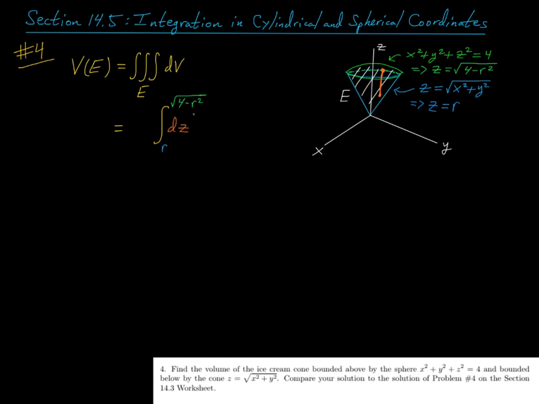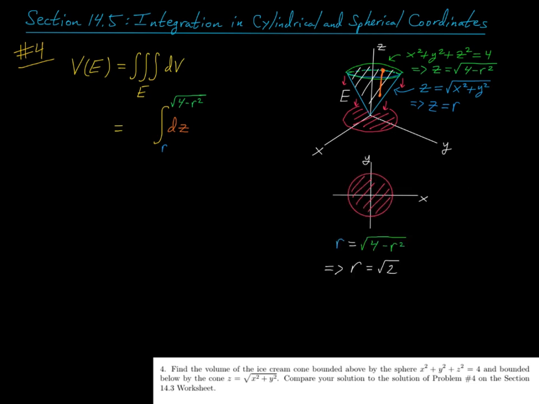So now let's find the bounds on x and y, and to do that, let's project this solid onto the xy plane, just like we did back in the 14.3 solution. And that's going to give us this disk in red. I'd like to find the radius of that disk. Notice that this boundary circle for the disk is the projection of the intersection of our sphere and our cone.